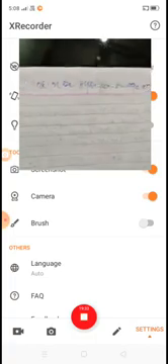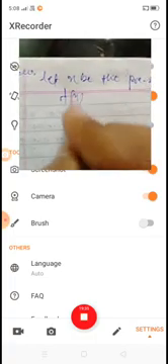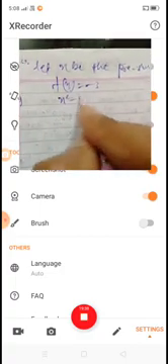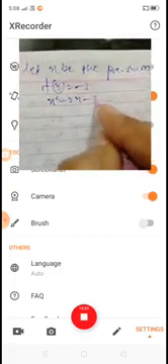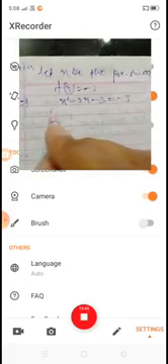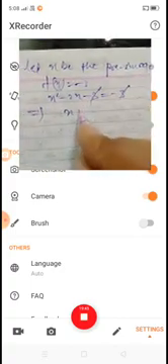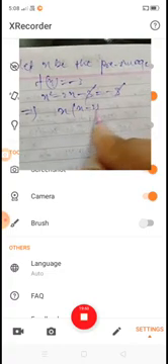Then f of x is equal to minus 3. Now we put the value of f of x, which is x square minus 2x minus 3 is equal to minus 3. After solving that, the 3s cancel out, x is common, so x into x minus 2 is equal to 0.